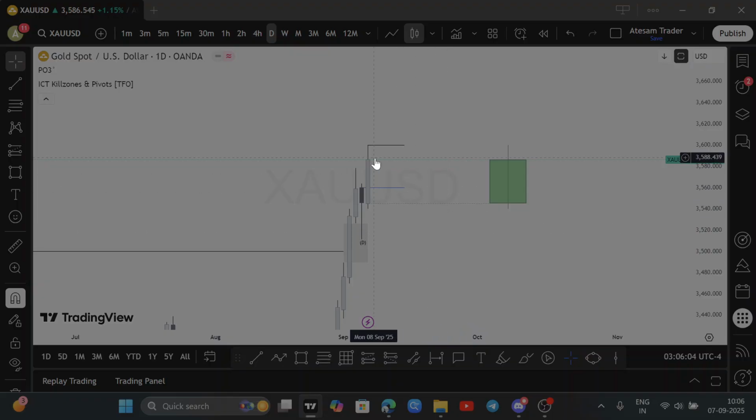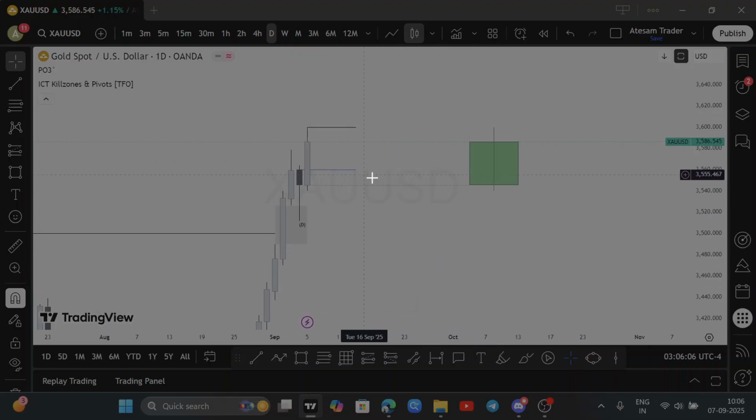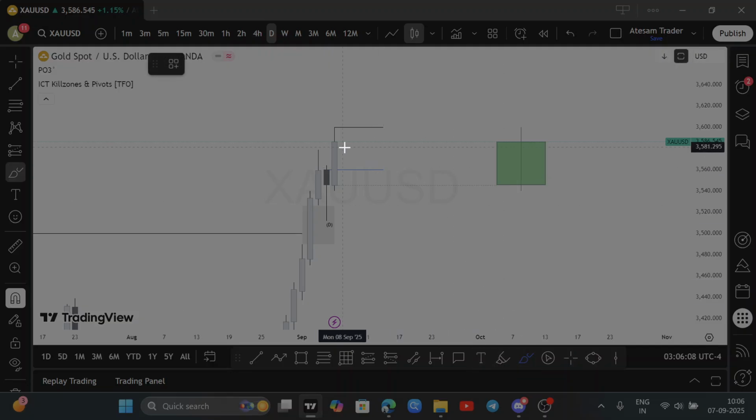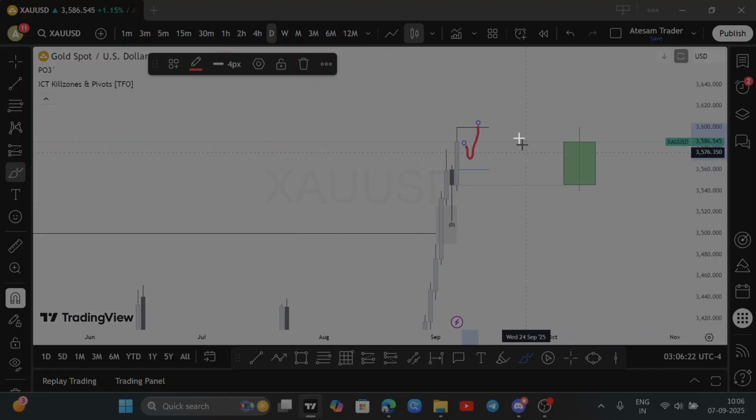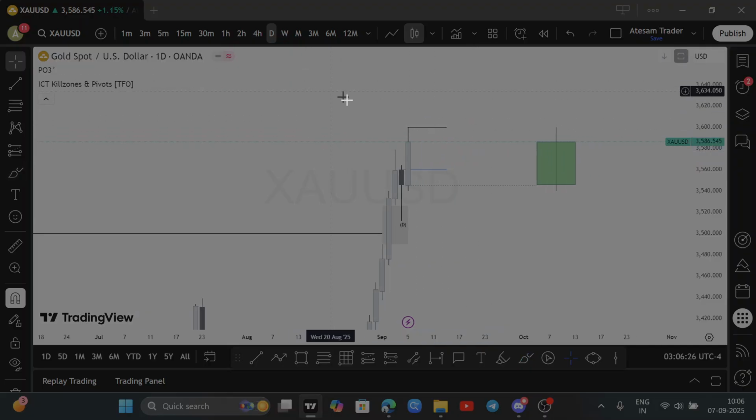I cannot say that, because I need to see how that daily candle is forming. Let's suppose on Monday, if price opens and comes down, then I can look to target these highs, only the highs, because this is the only relevant area we can look to target. This is the all-time high, so we can only target the previous daily highs. Okay, this is what I am looking at.